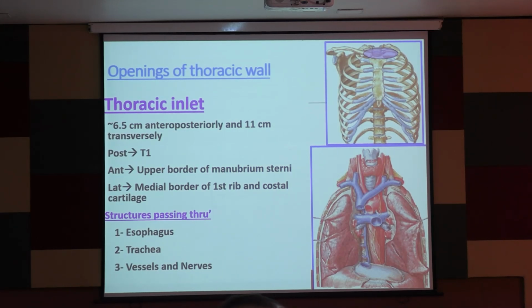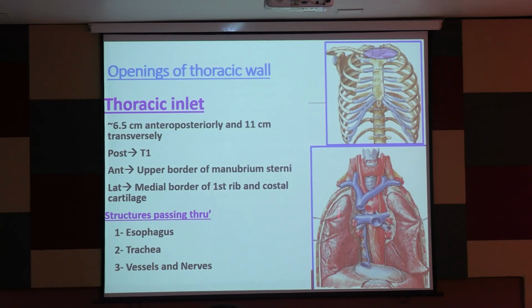Now what structures come in or get out? The structure getting in here is the esophagus. That means the food we are taking goes through the mouth cavity, then the pharynx, then the esophagus, getting down here. We have the windpipe, which is going to end up in the lungs, getting in here, as well as the heart.